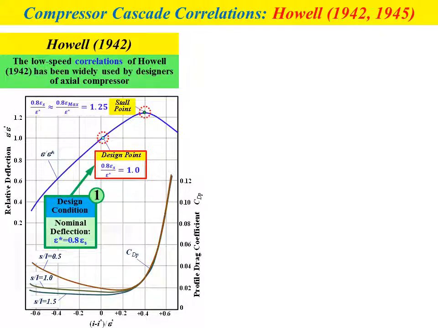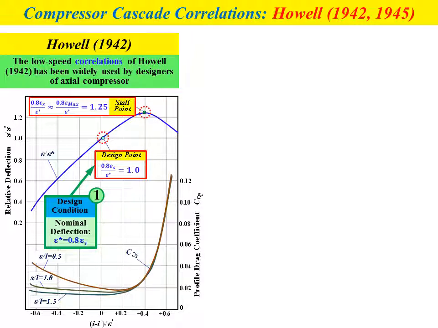Okay, for the second correlation, the correlation is based on the stall point condition as shown in the figure. So normally at the stall point condition, the value of stalling deflection angle is more or less equal to the value of maximum deflection angle. That's why we have the correlation in this graph where 0.8 epsilon s divided by nominal deflection angle is more or less equal to 0.8 maximum deflection angle divided by nominal deflection angle, equal to 1.25.